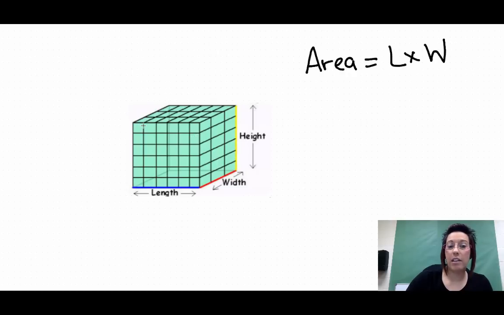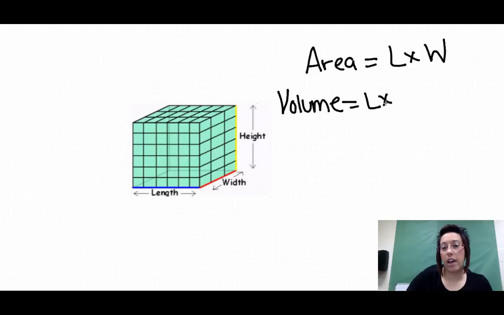You're going to add the four sides together. It's the distance around the outside. When we talk about volume, we talk about everything inside of this cube, and volume equals length times width times height. That is how we calculate the total volume of this cube.